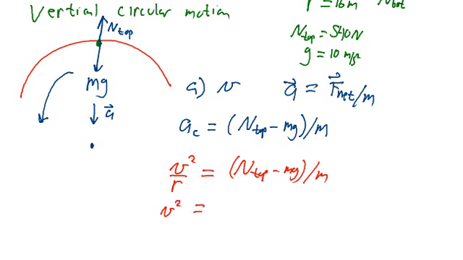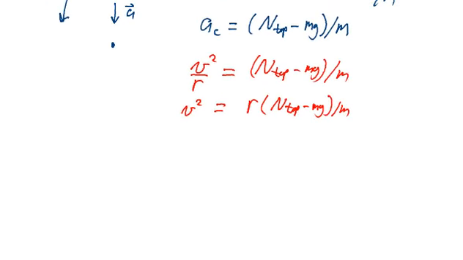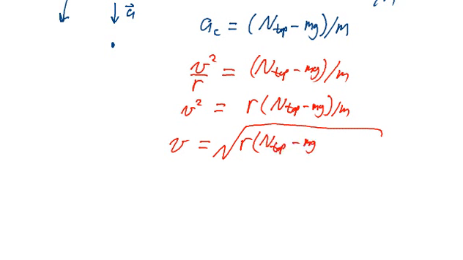So I would have v squared equals r times (N top minus mg) divided by m, and if we take the square root of both sides, then v is going to be equal to the square root of r times (N top minus mg) divided by m.